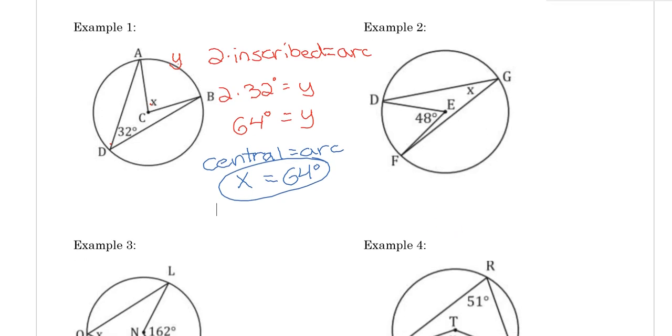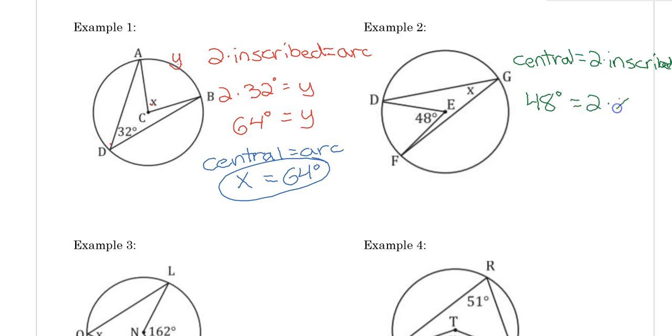The other way we can do it is using the formula we just found, that you can just do central equals 2 times inscribed. So my central angle is 48 degrees.